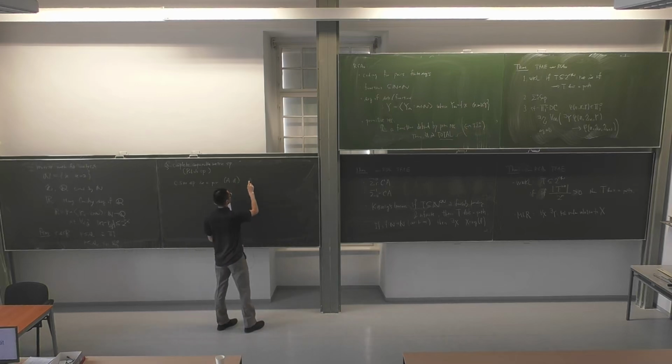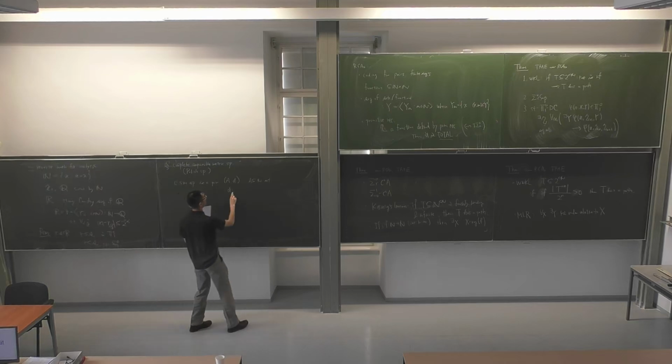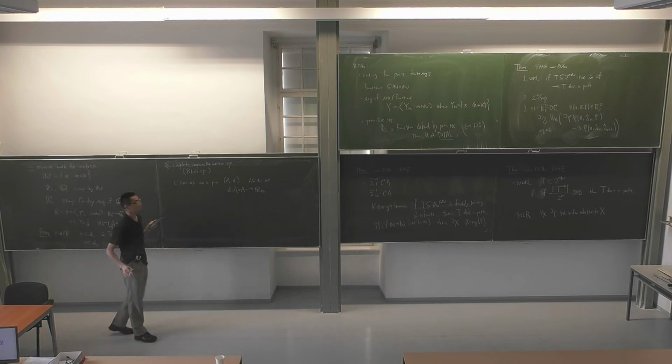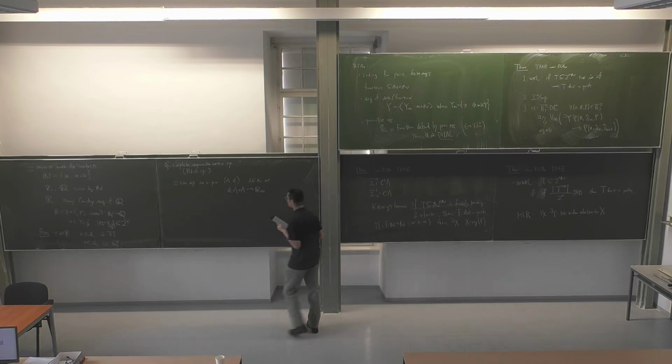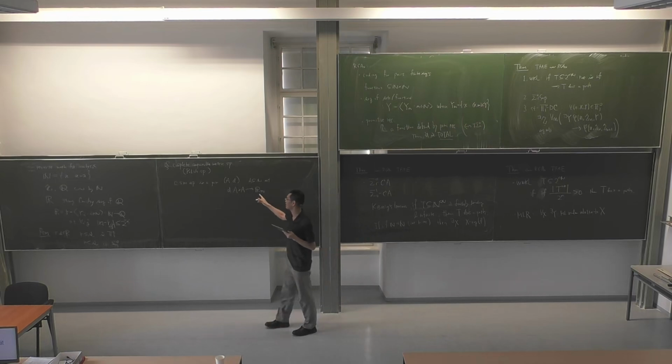A is just a set, and d is a distance function, A times A to non-negative real numbers. Very often, non-negative rationals are enough.